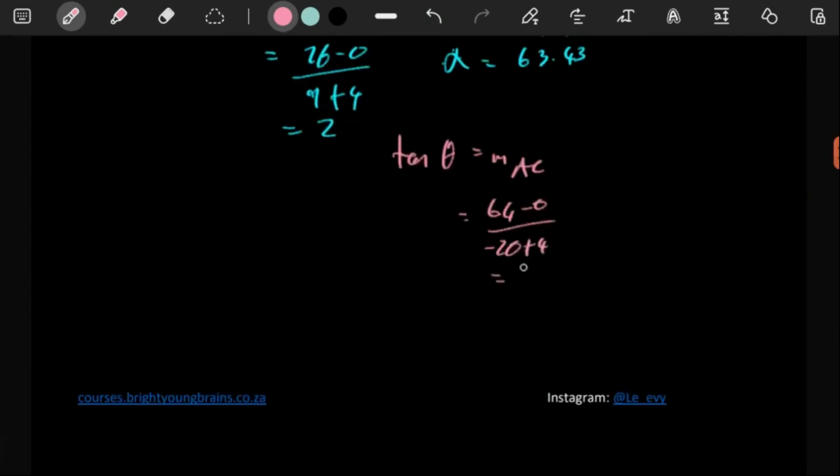So it's 64 divided by -16. We're gonna have -4. So your reference angle is shift tan of 4. And then what does that give us?